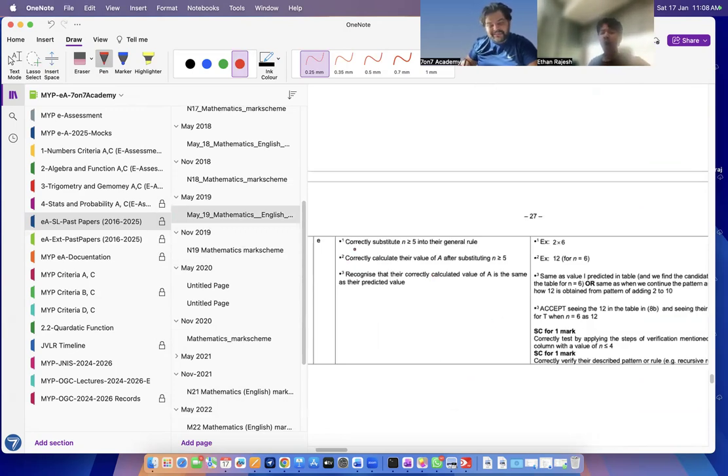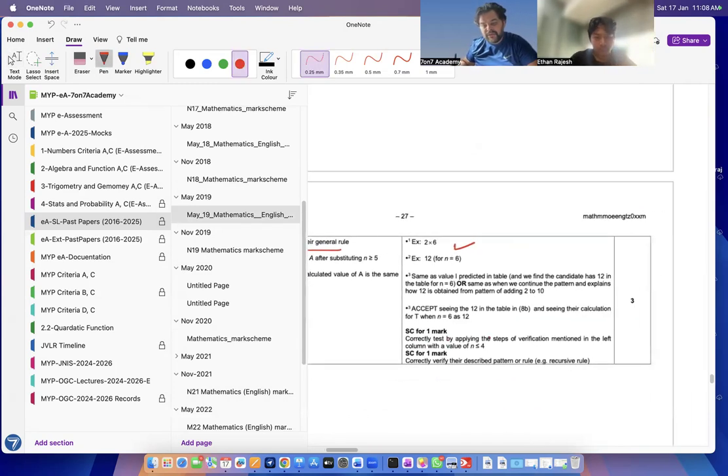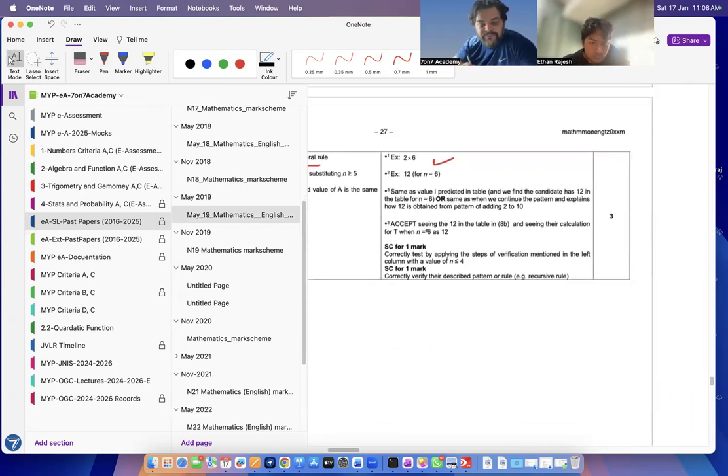They give 1 mark if you correctly substitute n more than or equal to 5 in your general rule. Agree? Then match from the table and write your statement. For 3 marks, you have to write a statement also: same as the value I predicted in the table. And then you write the same as the value I predicted, continuing the pattern.